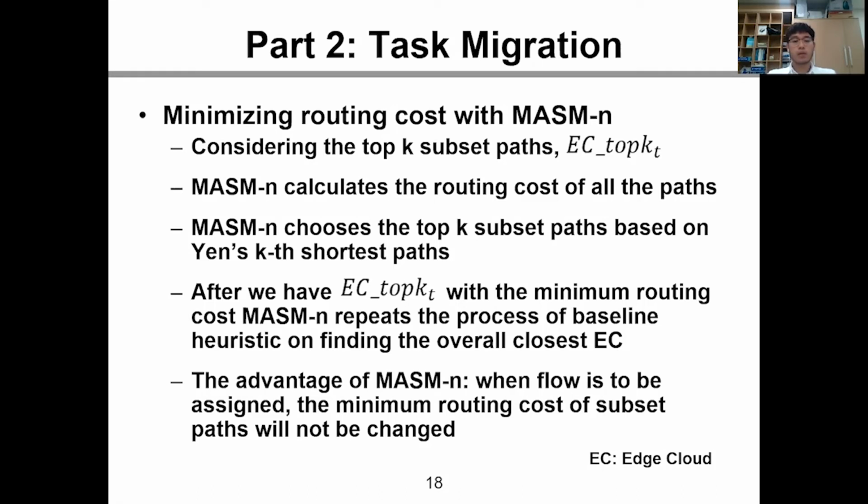Then our heuristic will repeat the process of the baseline heuristic on finding the overall closest HCloud. The advantage of MASMN is that when a flow is to be assigned, the minimum routing cost of the subset path will not be changed because we already have the optimal subset path.